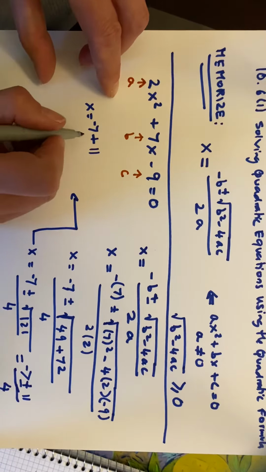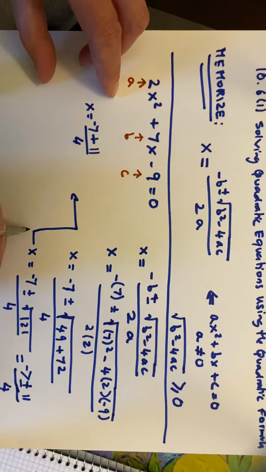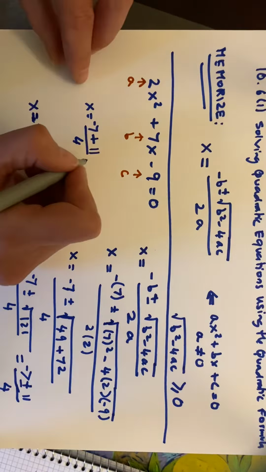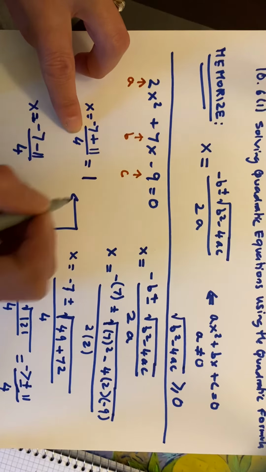So one of the answers is negative 7 plus 11 over 4. And the second answer is going to be x equals negative 7 minus 11 over 4. And I can see that negative 7 plus 11 is 4, divided by 4 is 1.